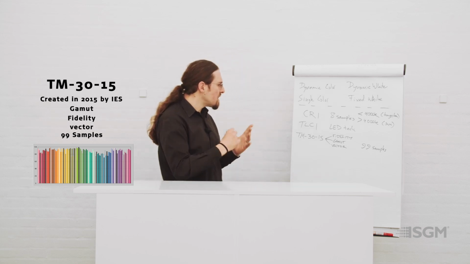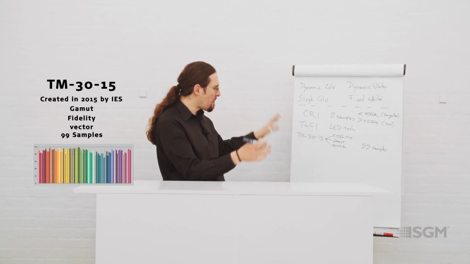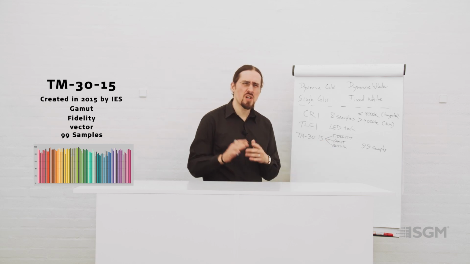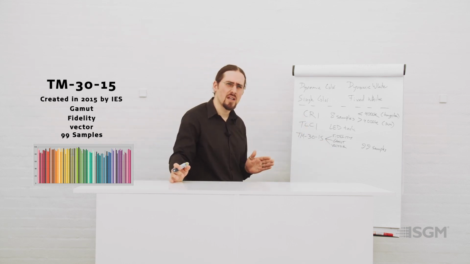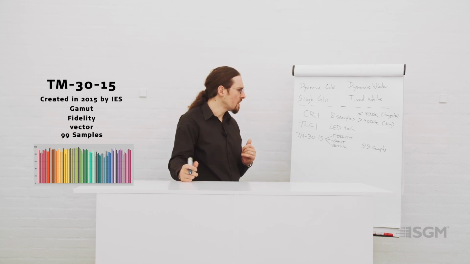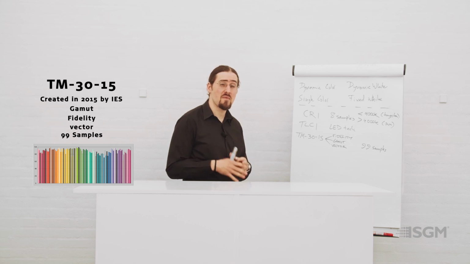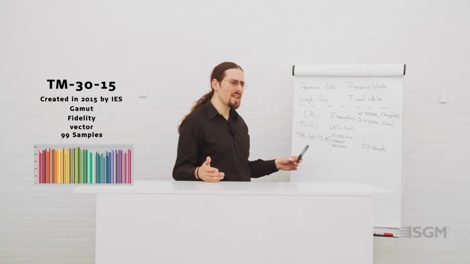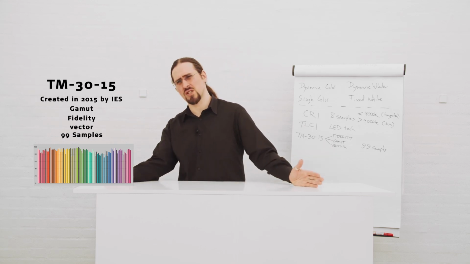The interesting thing about these three systems compiled into the TM30-15 is, first, the fidelity works pretty close to what you have in the CRI. It's also a scale that is more or less telling you the same information in terms of quality. But the big thing here is the gamut, because the gamut gives you information about the saturation.